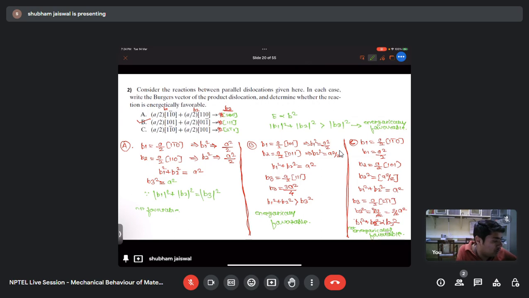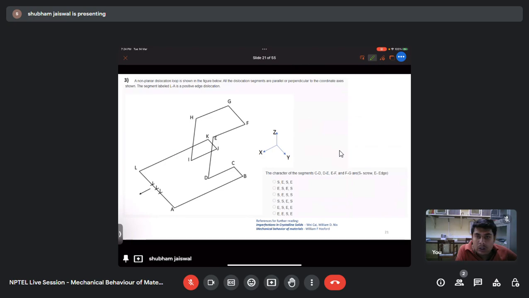The second question. Now try to answer this question. A non-planar dislocation loop is shown in the figure below. All the dislocation segments are parallel or perpendicular to the coordinate axes shown. The segment labeled LA is a positive edge dislocation. So they are asking whether the character of segments CD, DE, EF and FG is screw or edge.